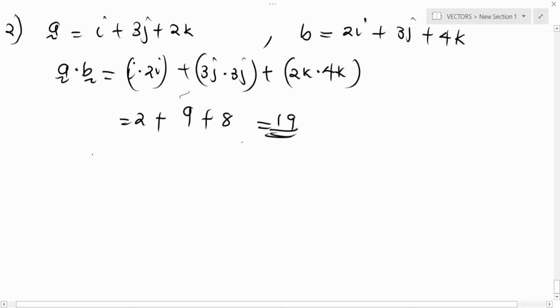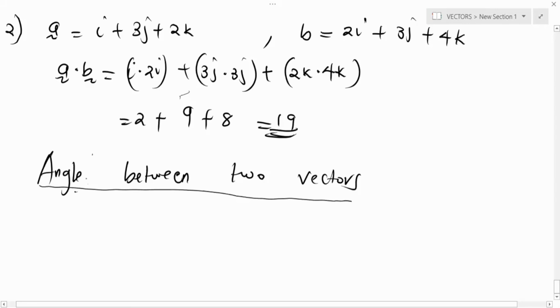Now, the dot product is very important, especially when we are evaluating angles between two vectors. If you want to get the angle between two vectors, then you use this formula right here.